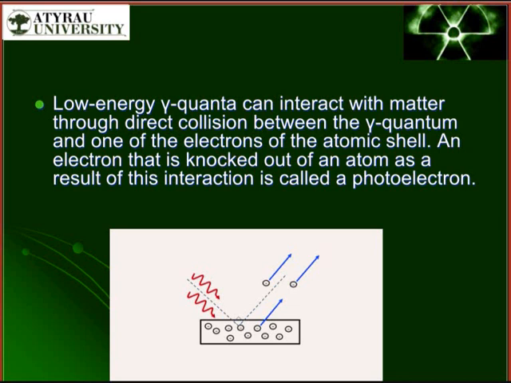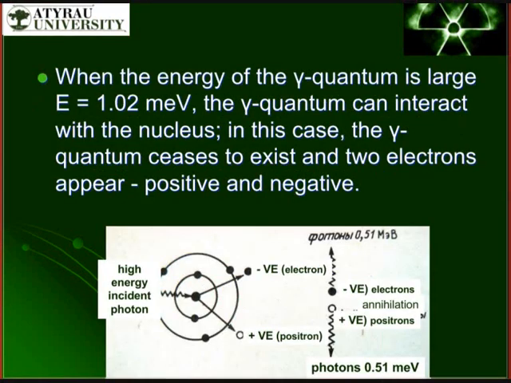Unlike the photoelectric process, which occurs only on bound electrons, the Compton scattering process can occur on free or weakly bound electrons. When the energy of the gamma quantum is larger, the gamma quantum can interact with the nucleus. In this case, the gamma quantum ceases to exist and two particles appear, positive and negative, a positron and an electron.